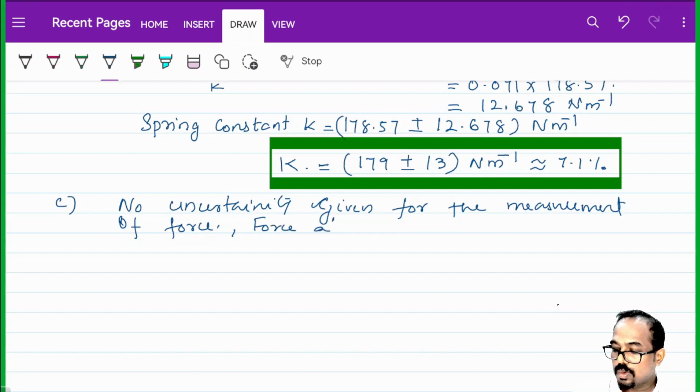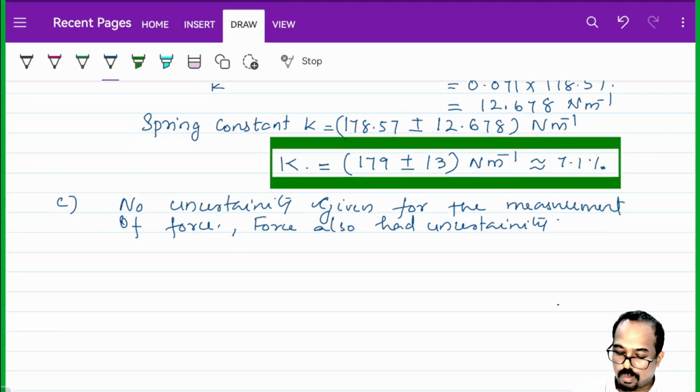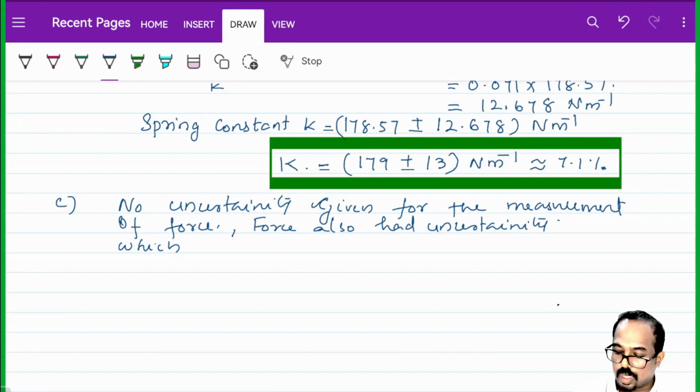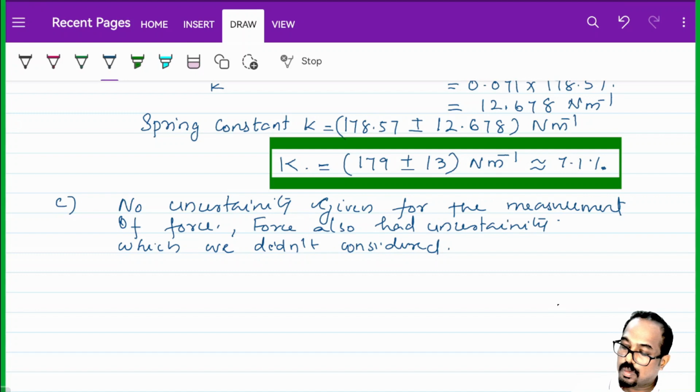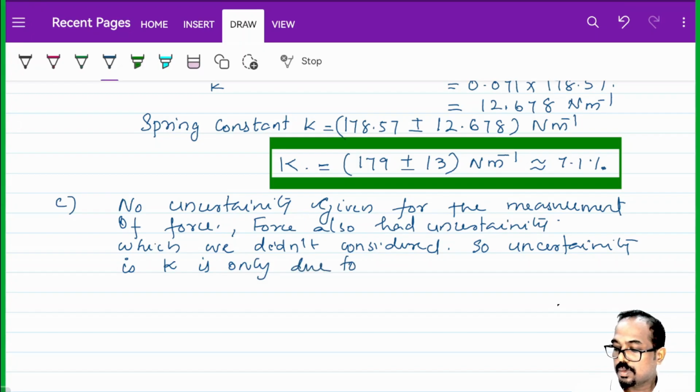Force also had uncertainty which we didn't consider. So uncertainty in K is only due to length measurement. Okay.